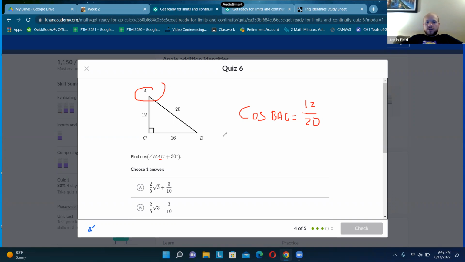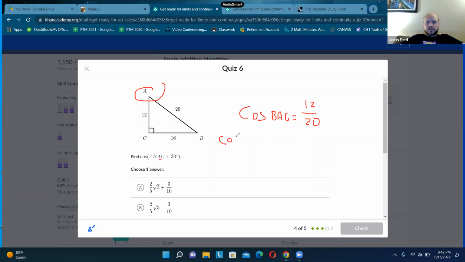All right, so the cosine of 12 over 20, cosine 30 minus sine 12 over 20, sine 30.